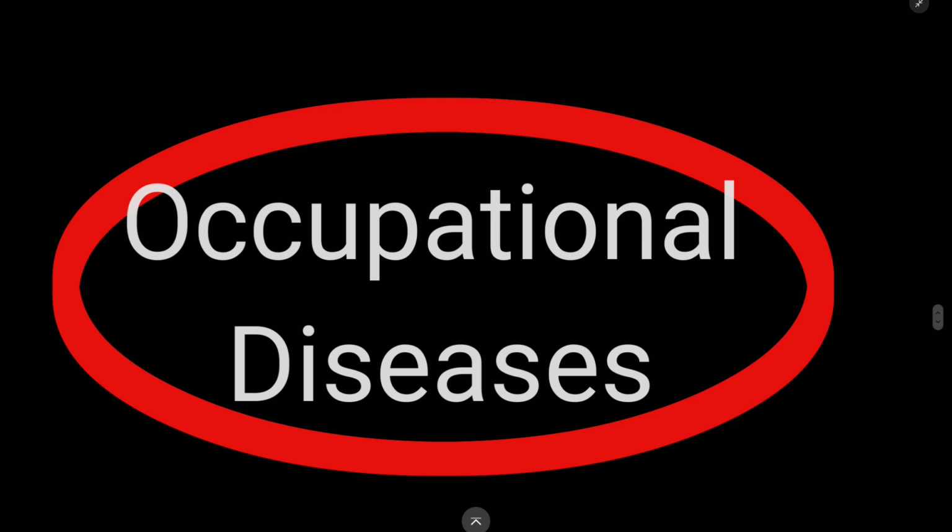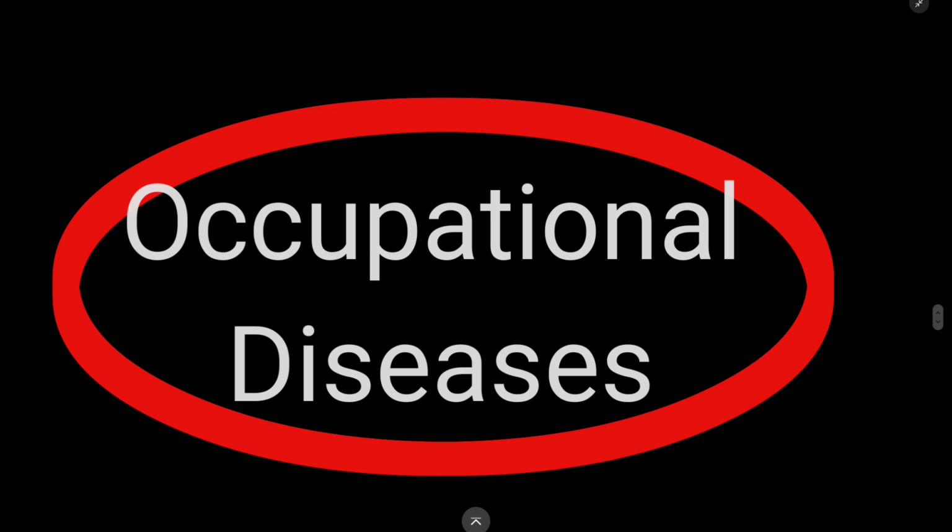Common types of occupational diseases. First up, respiratory diseases. These are among the most common types of occupational disease, especially in jobs where workers are exposed to dust, fumes, or chemicals. Asbestosis, silicosis, and occupational asthma are just a few examples.